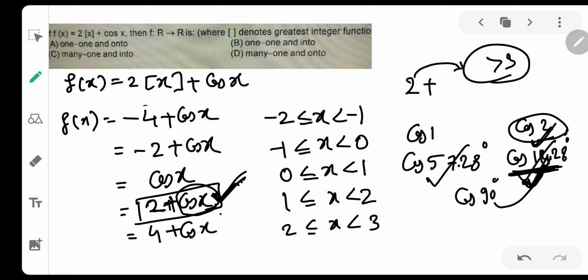So basically it cannot cross 3, and 4 plus cos x cannot be crossing 3 below and cannot be crossing 5 up.